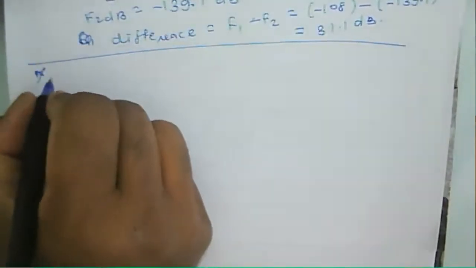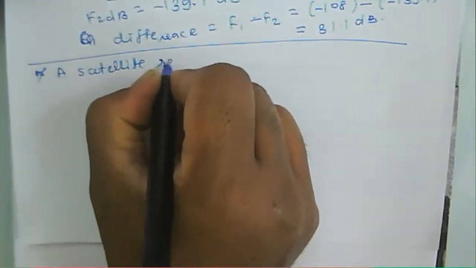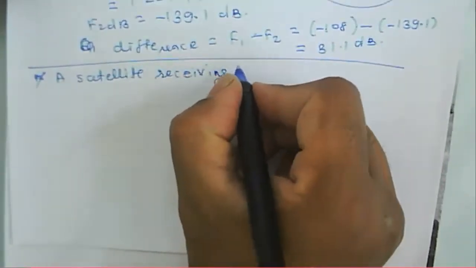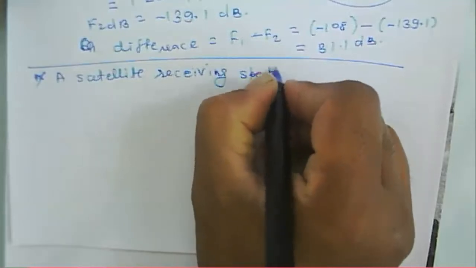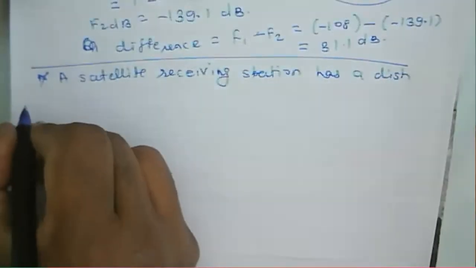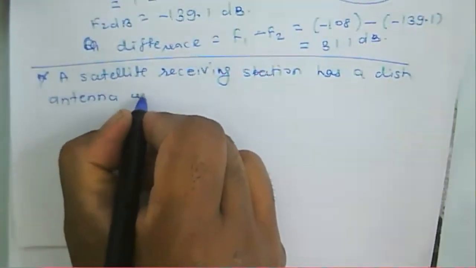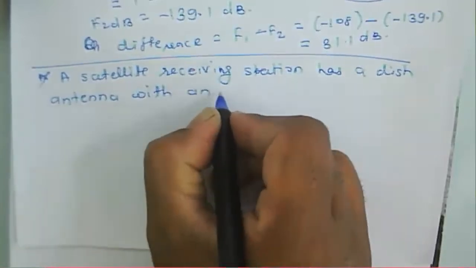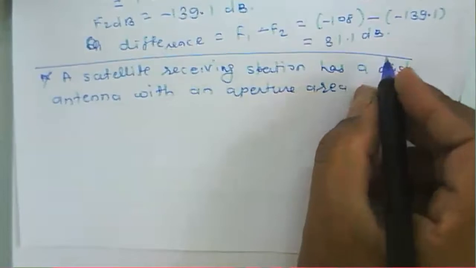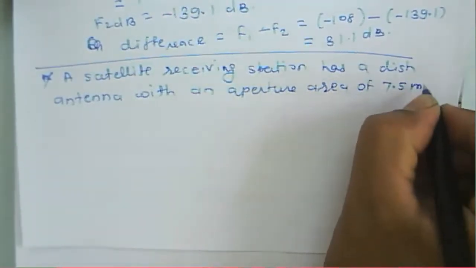Next question: a satellite receiving station has a dish antenna with an aperture area of 7.5 meter square.